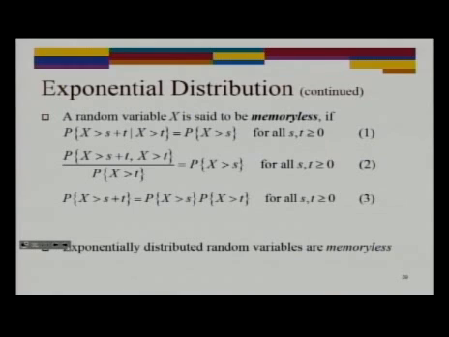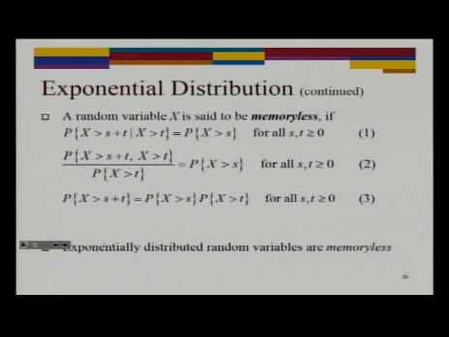One thing I want to stress here is that the exponential distribution is very important because it holds a special property that is called the memoryless property. Have you guys heard about that? Okay. So a random variable X is said to be memoryless if the following condition is satisfied.